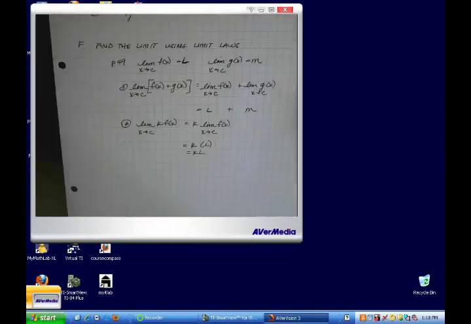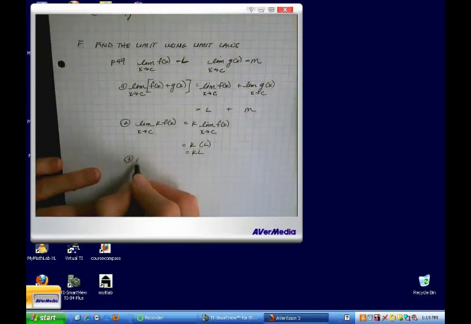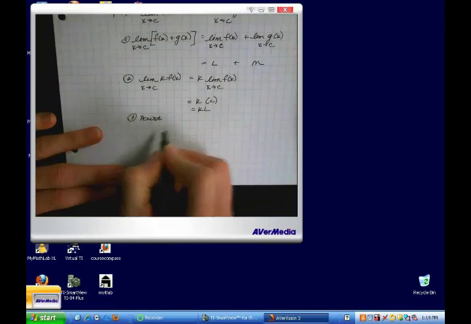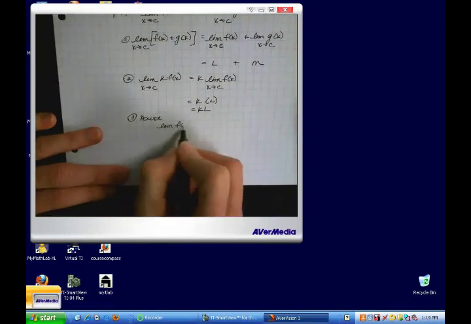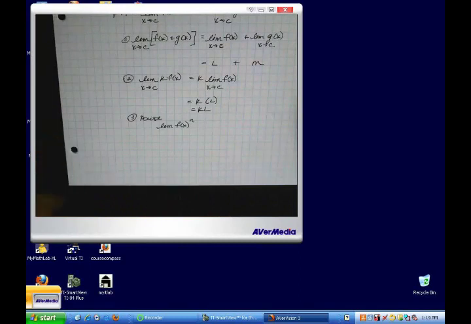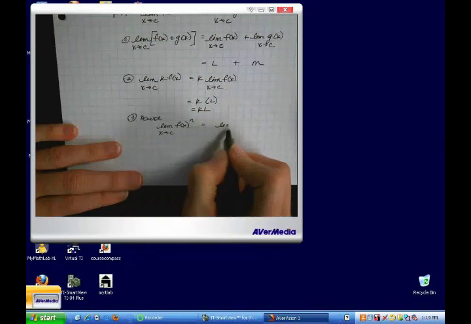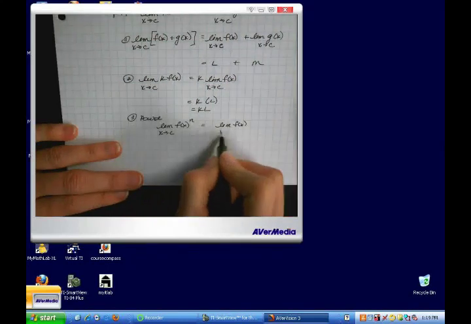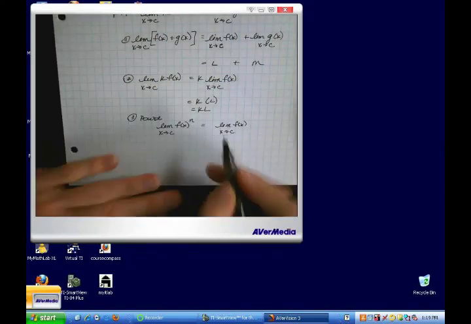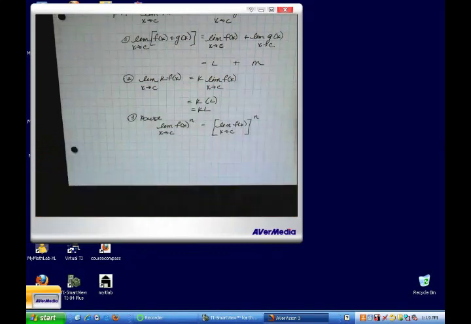I'm going to do the power rule and the root rule and describe them a little more thoroughly here. Okay, this is the power rule. The power rule says if you're taking the limit of f of x to a power, like the exponent n, as x is approaching c, you can find the limit of f of x as x is approaching c and then take this whole result to that exponent.